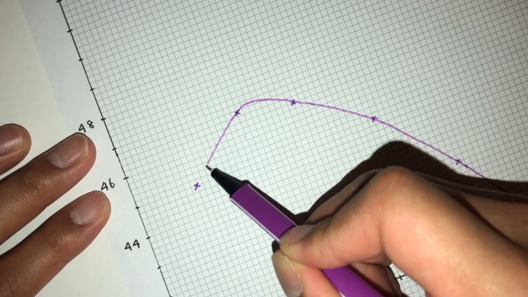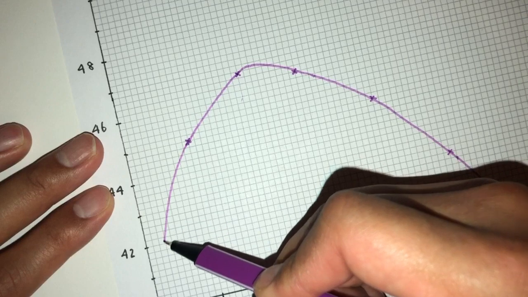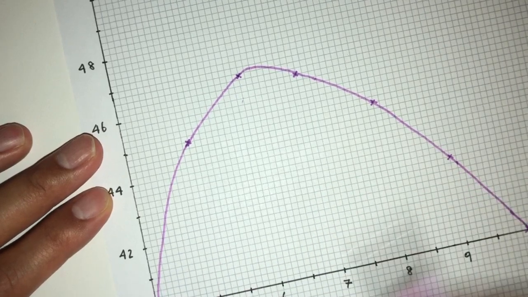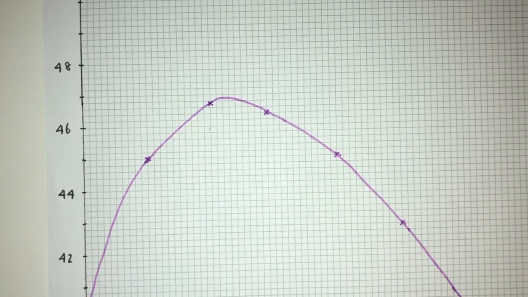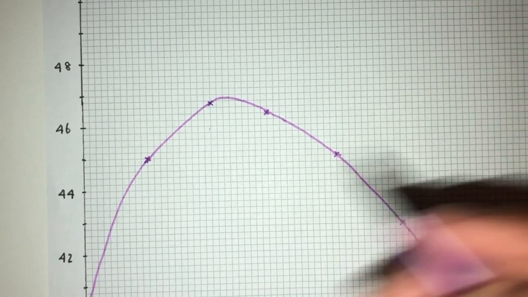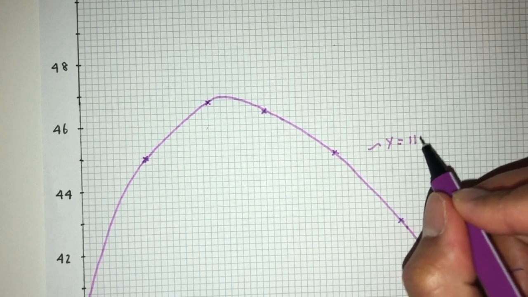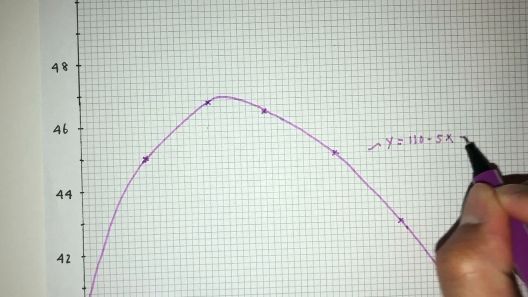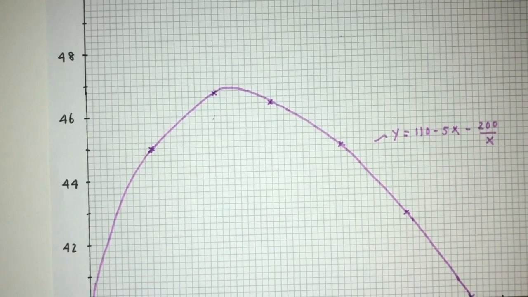This will join with this, and eventually this will connect with this. Okay, this is my graph joined by a smooth curve. I tried my best, so I don't think it's the best curve ever, but it is what it is. That is y equal to 110 minus 5x minus 200 over x. Always label your graph after you draw them.